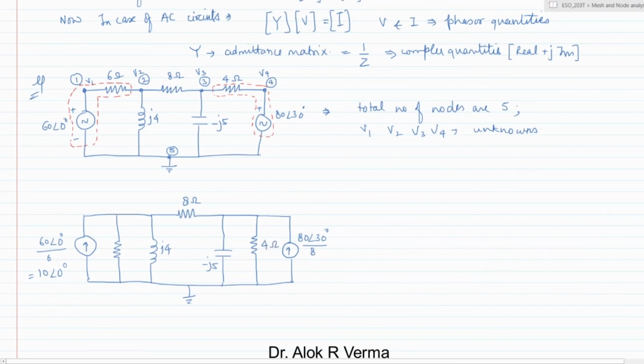This is 4 ohm. So this will be nothing but voltage by 4, which is 20 angle 30. Okay, so this current source is this.